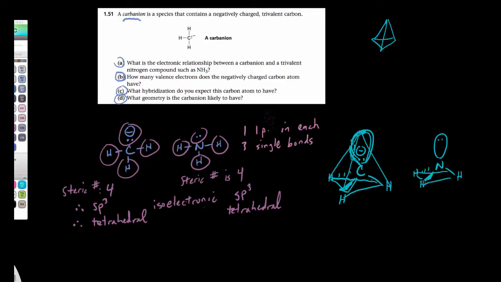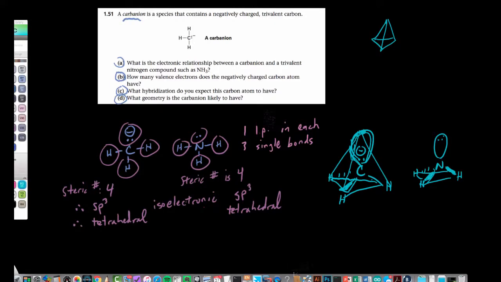And the reason is that these electrons in these sigma bonds are trying to get away from this lone pair, and the best way to do that is to have this kind of pyramidal shape. It's definitely not a trigonal planar shape, because this is the best way to get electrons in these orbitals away from the lone pair here. So the carbanion is likely to be tetrahedral.